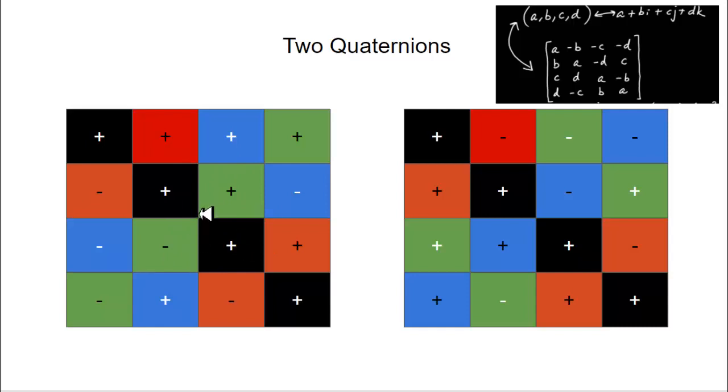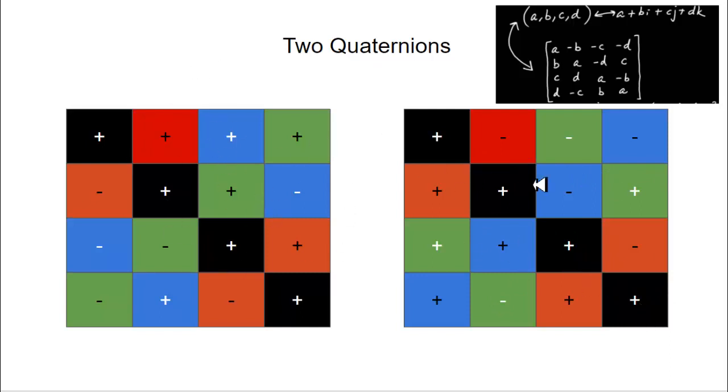And so, these are just two quaternions. Now if I wanted to switch my convention, I could take this convention here and flip everything about this axis, and then I would end up with the complex conjugate.